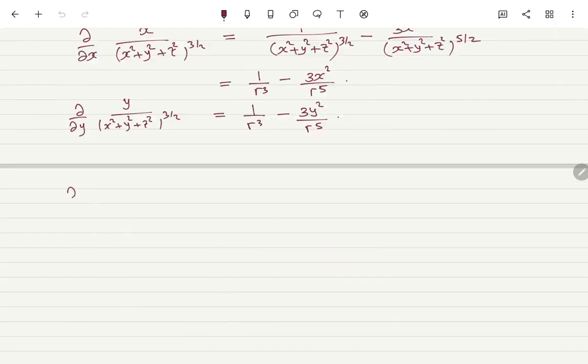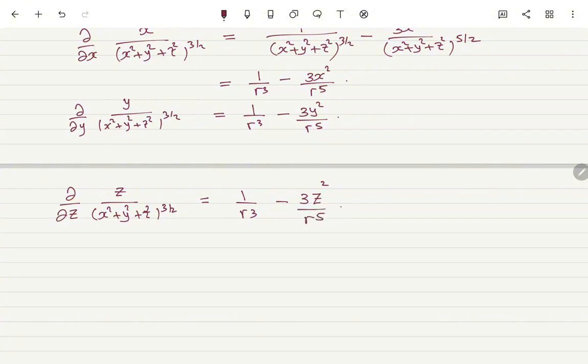And the last term, partial z over (x² + y² + z²)^(3/2) will be equal to 1 over r³ minus 3z² over r⁵.